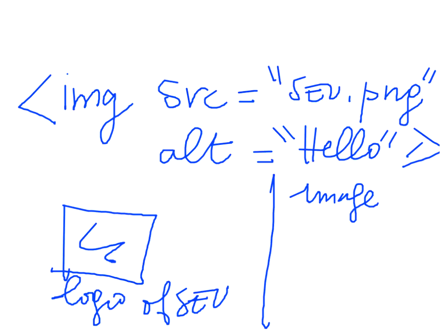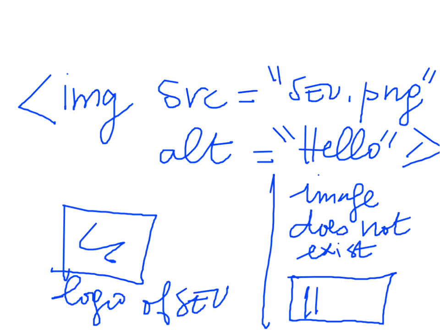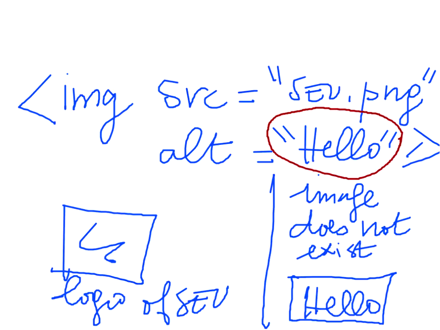If the image does not exist, we cannot find this image. In this case, I will obtain an empty image with the text hello. So the text here, the value of alt, will be displayed if we don't find the image, if the image does not exist.